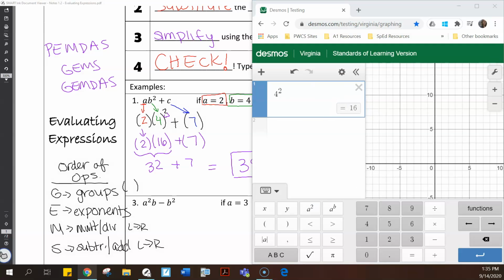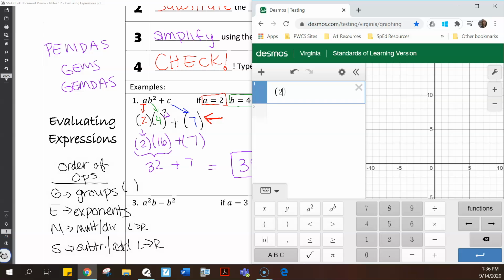So, the way that we can check this, in my opinion, the simplest way, is to take this part from step 2. After you've substituted the variables for their replacement values, just plug the whole thing into your calculator or into Desmos. I like to include the parentheses because it makes sure that I'm going to do this correctly.